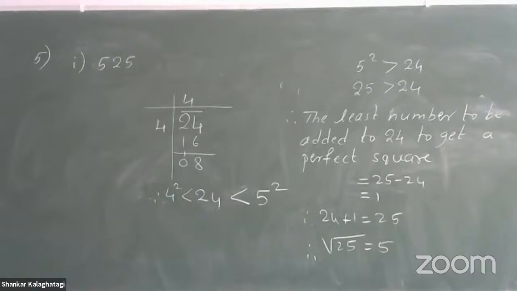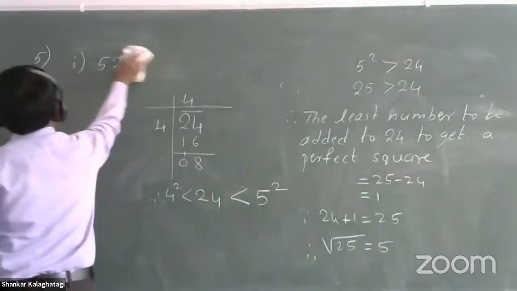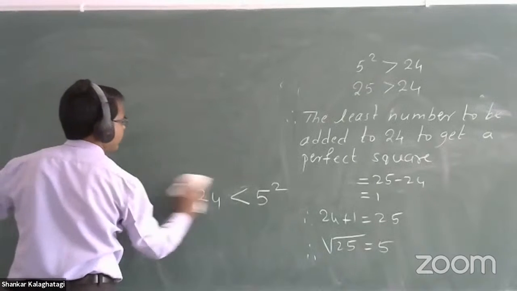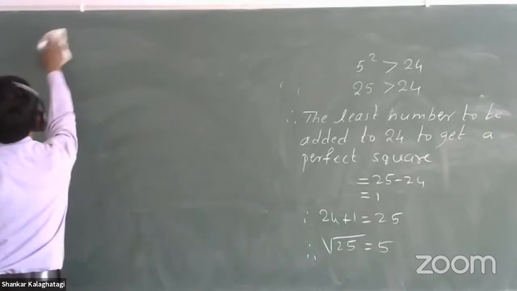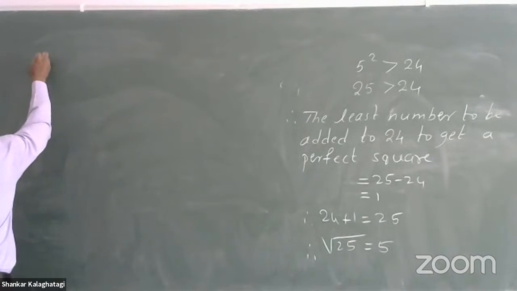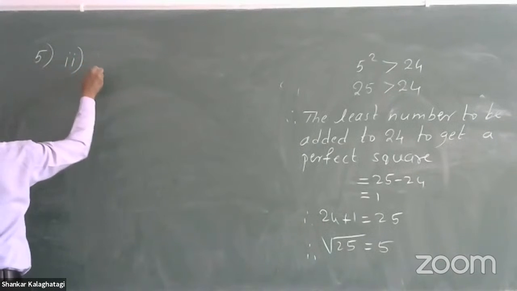Shall I erase this? Next question is 1750. Question number 2. Sir, we didn't write. You leave this question, see the next question. Next question you will understand, then you can write this later on your own.